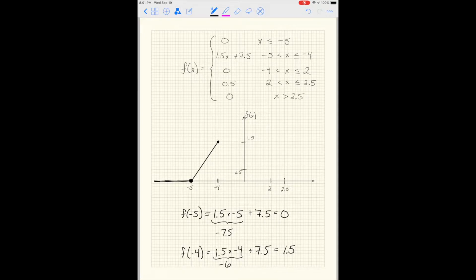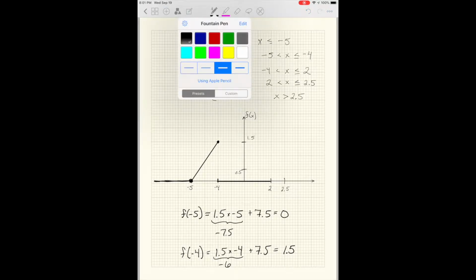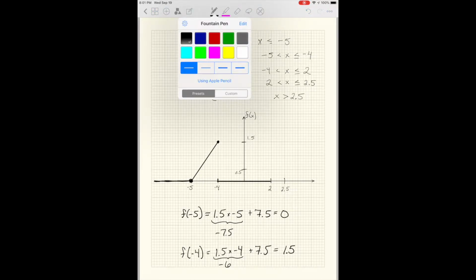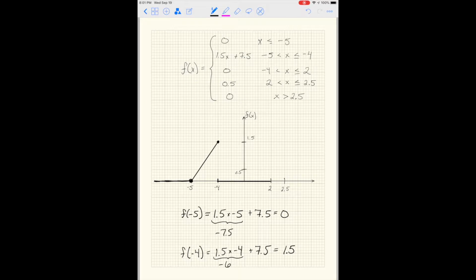And then I see it drops down to 0 between -4 and 2. If we want, I guess I could put maybe dashed lines down here, just so I can see that that's kind of connected a little bit.